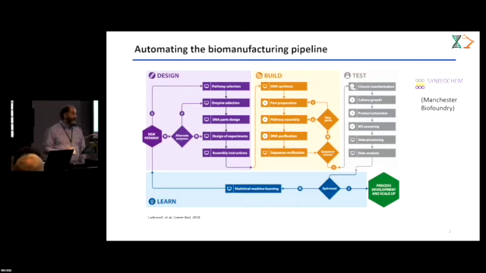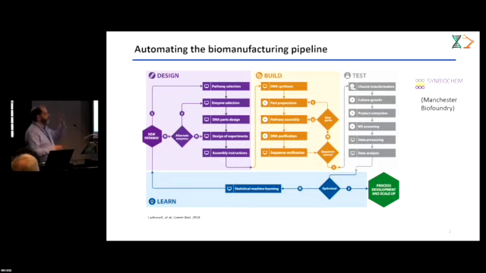In Manchester, at the SynBiochem Biofoundry, we came up with this workflow that you see here, published in 2018. It was an effort to identify all the different steps in a typical DBTL cycle, with the purpose of trying to automate every step.